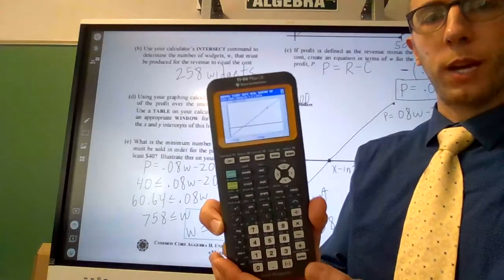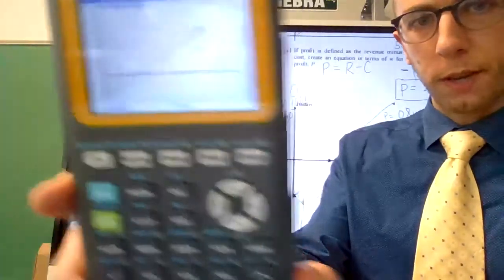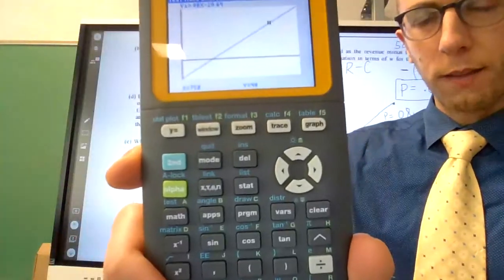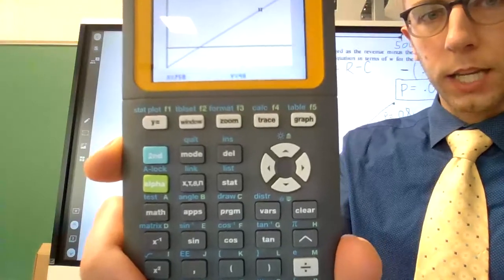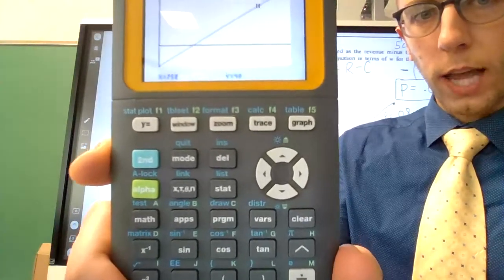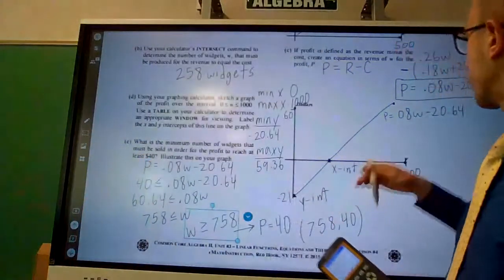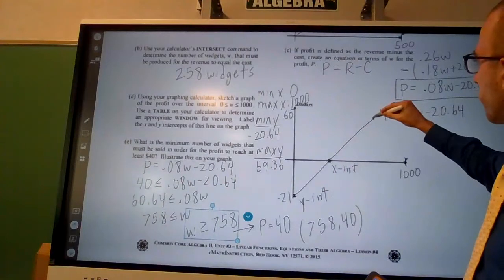So type that in, press enter, and it should show you the specific point where X is 758, and just like we calculated on our own, X is 758, Y is 40. So that's somewhere right around there.